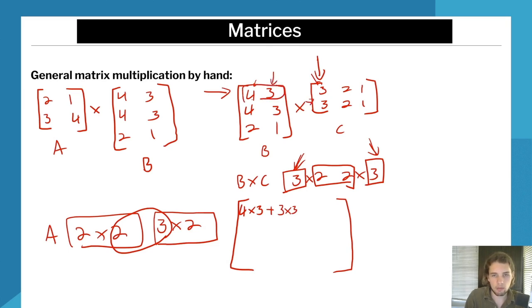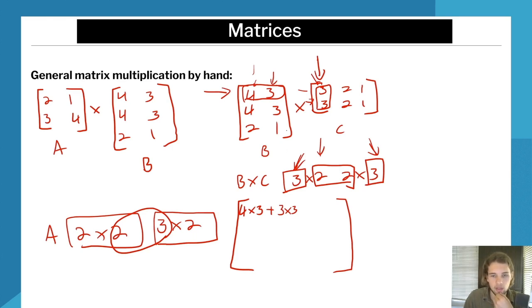So this multiplied by that in order. Because of how this multiplication works, we have to have these dimensions working in a specific way, because we want there to be 2 here to multiply by 2 of those. So we want the rows of number 1 to match the columns of number 2.